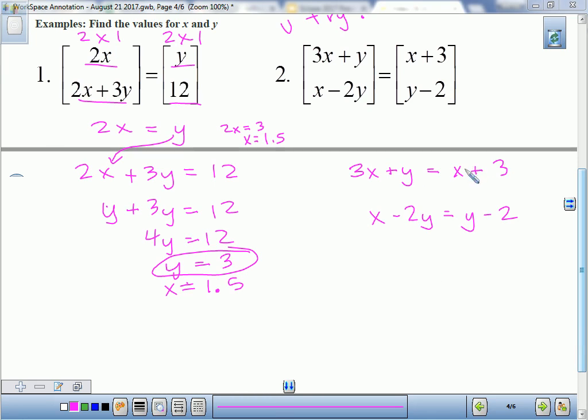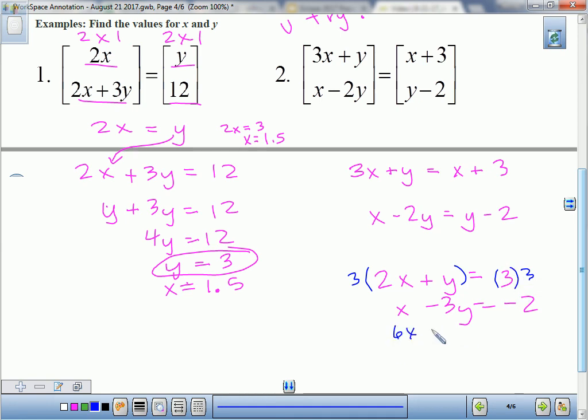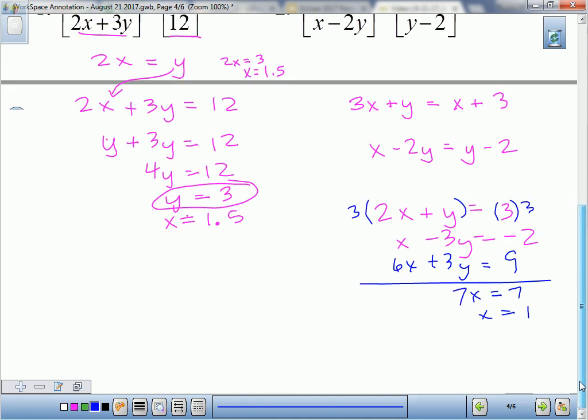We could move this x over and rewrite the first one as 2x plus y equals 3, rewrite the second one as x minus 3y equals negative 2, and we could use elimination. We could have multiplied through the top by positive 3 to eliminate the y's. And when we do that, we get 6x plus 3y equals 9. So 7x equals 7, and x equals 1. So if x is 1, y is also 1.